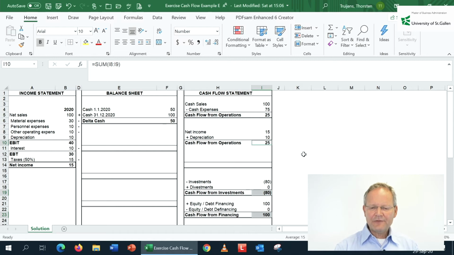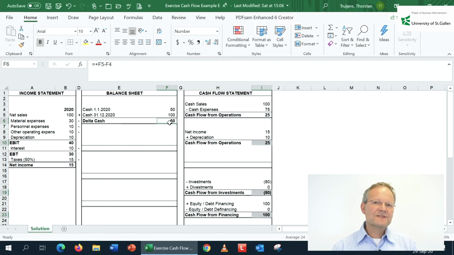Plus 25 left over from operations gives you 45. Wow, now we're pretty close to 50. Well, with profit, close is good enough. With cash, there's only one thing: right on target. We are still missing 5.